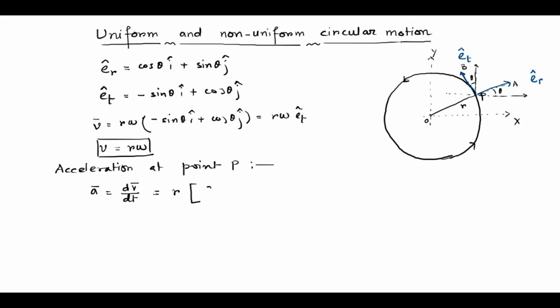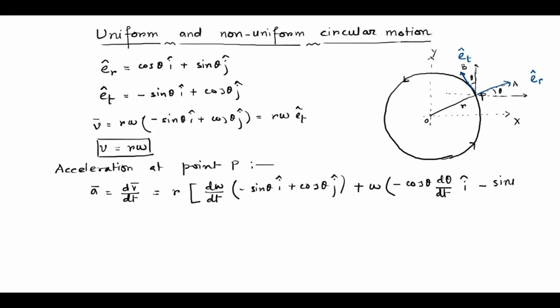R is constant, so we get d omega dt times minus sin theta i hat plus cos theta j hat, plus omega times the derivative inside the bracket: minus cos theta d theta by dt i hat minus sin theta d theta by dt j hat.